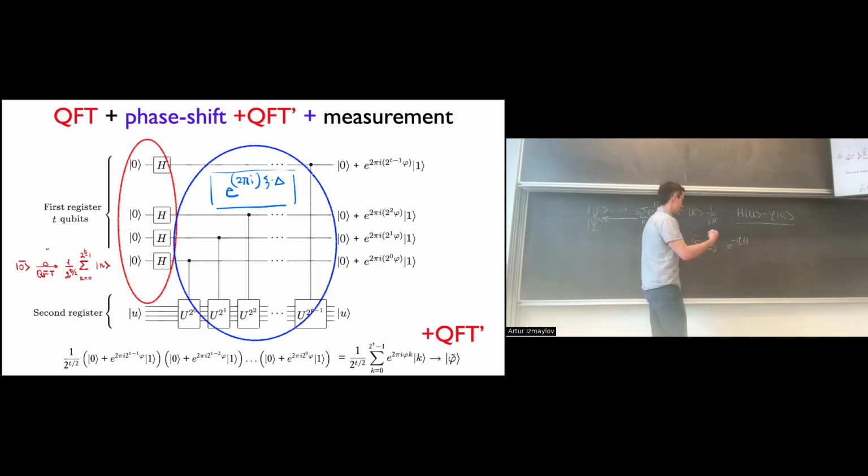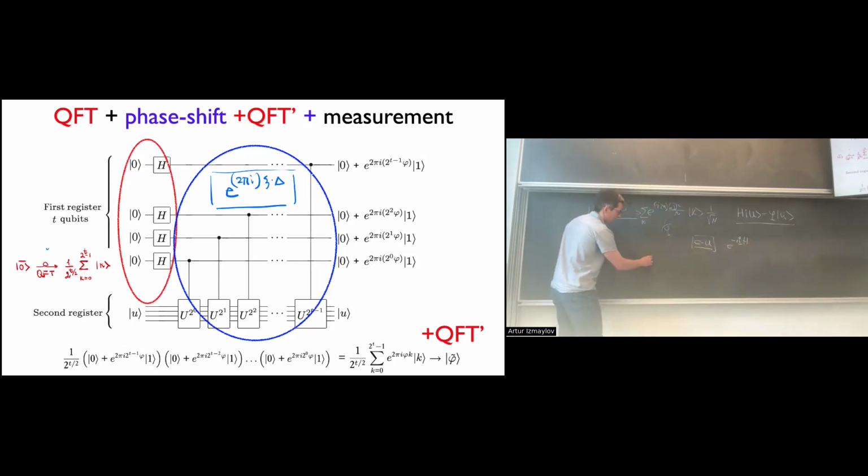Because when we put the phase in the binary format, we have 2 pi i in the Fourier transformation, and if we have a phase here, the phase is written as some number, say J1, J2, J3, and then dot J4, J5. So these J's are zeros and ones, right? So it's a binary representation of the phase.